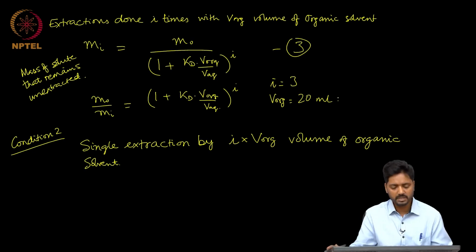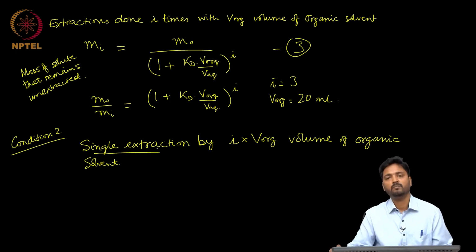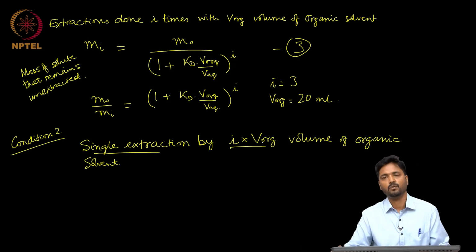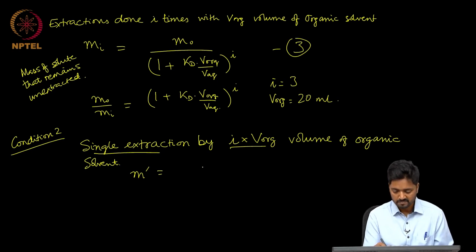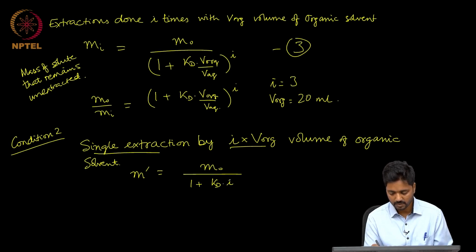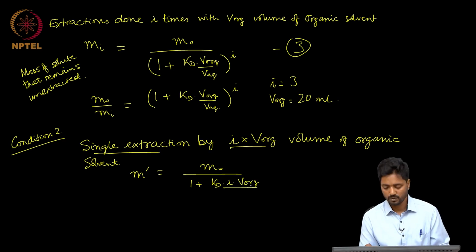Now, when we do this single extraction by I into V org volume of organic solvent, we will consider the mass that remains unextracted as m dash, which is equal to m naught by 1 plus K_d into I into V org, that is the total volume of organic solvent being used now, divided by V aqueous.